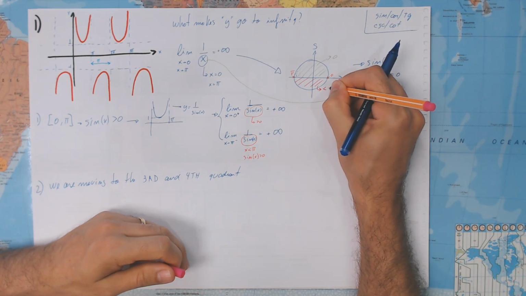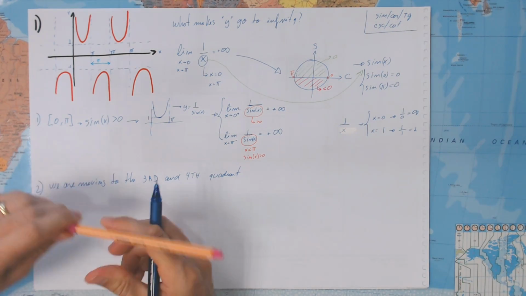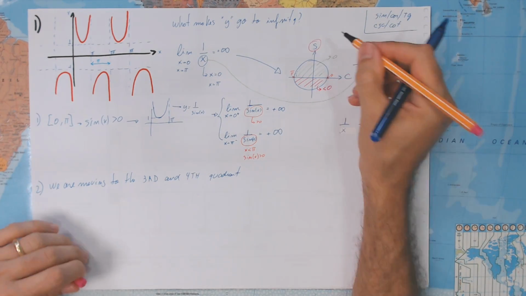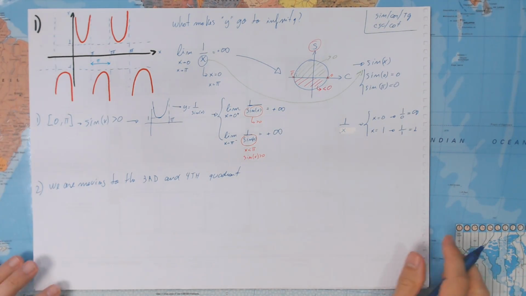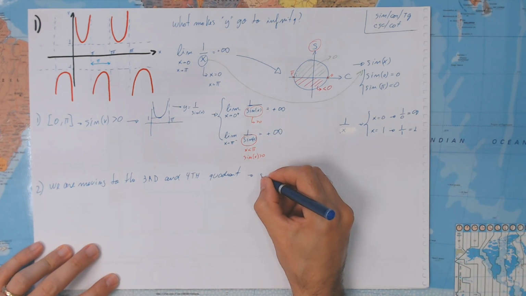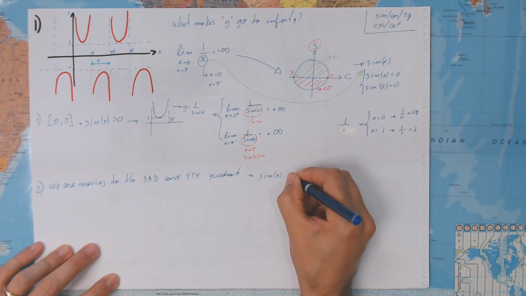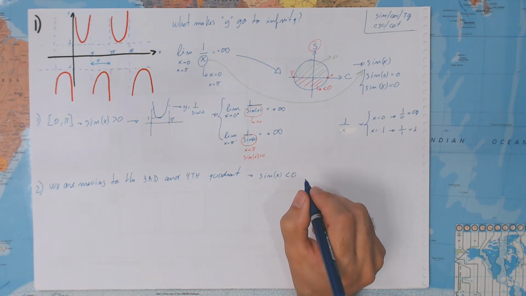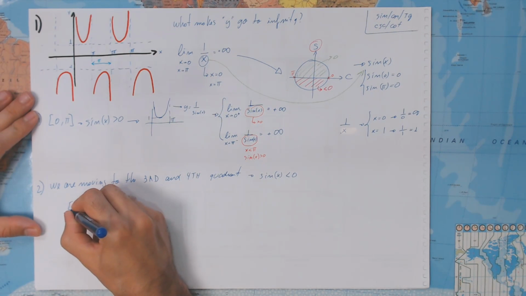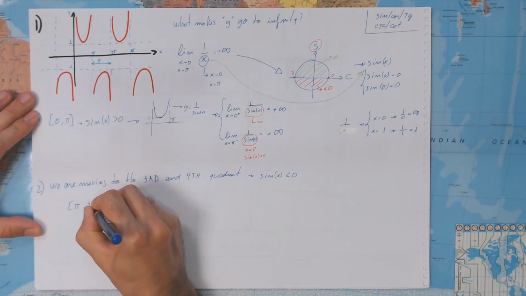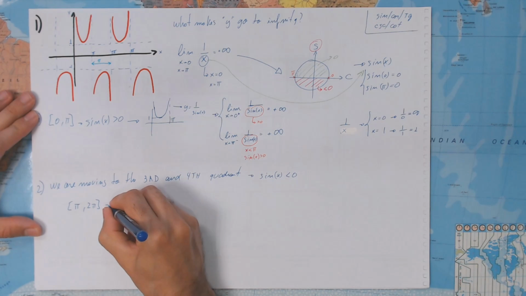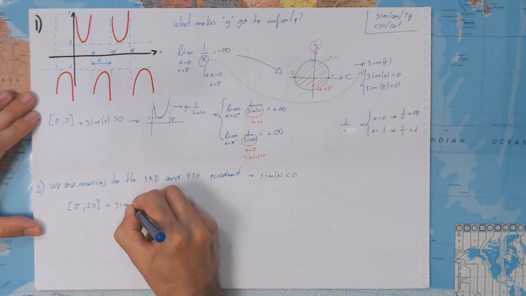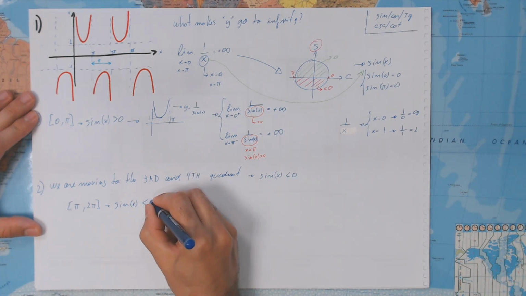This is going to be less than 0 for the sine, okay? Remember, we are analyzing only the sine in here. Now, the sine of x is always going to be negative. Between pi and 2 pi, the sine of x is always going to be negative.